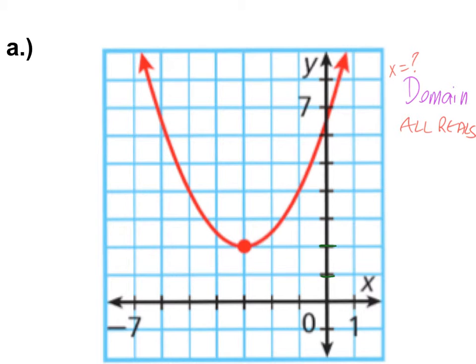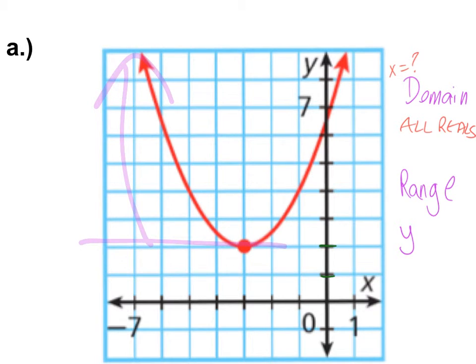Because every number, all the way infinitely negative and infinitely positive, would have a location on that parabola. If I picked negative 50, I would have to go way up there, but I would eventually cross through if this infinitely was getting bigger. So when they ask you what is the domain of the quadratic, it's always all reals. The range is a little bit different because the range is telling me the y values, correct? I want to know, what are the y's? Well, what can you tell me about the y's that are part of this graph?